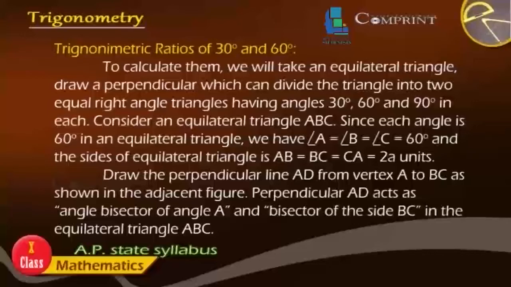And the sides of equilateral triangle are AB is equal to BC is equal to CA is equal to 2a units. Draw the perpendicular line AD from vertex A to BC as shown in the adjacent figure. Perpendicular AD acts as angle bisector of angle A and bisector of the side BC in the equilateral triangle ABC.